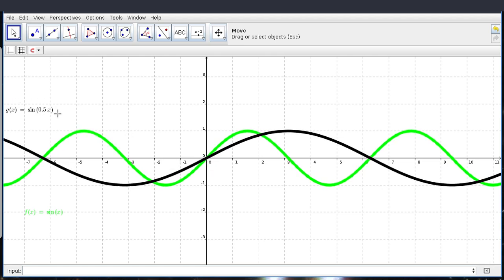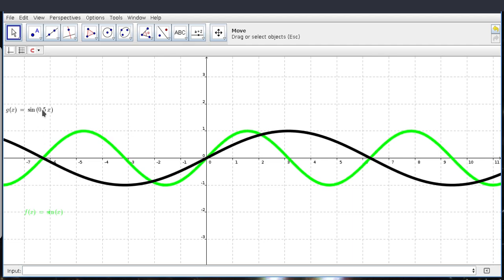But guess what now? We halve the frequency of the original green graph, and this is what happened with the modified black graph. When the green graph went through 1 complete cycle between here and here, the modified graph goes through only half of that cycle. Right?